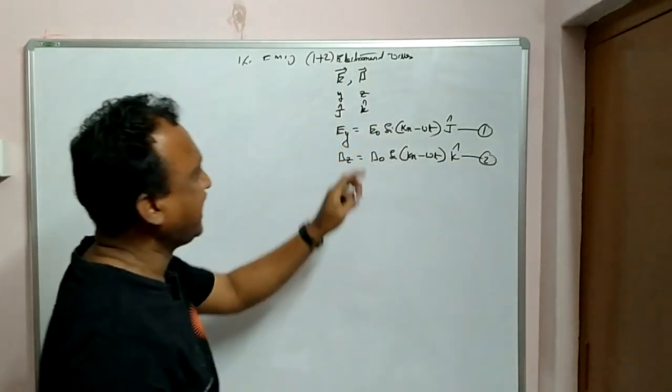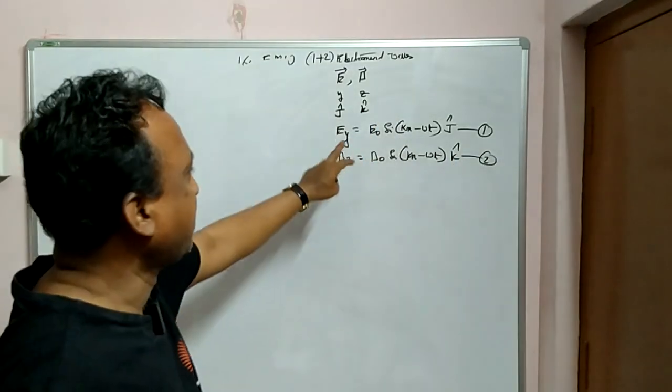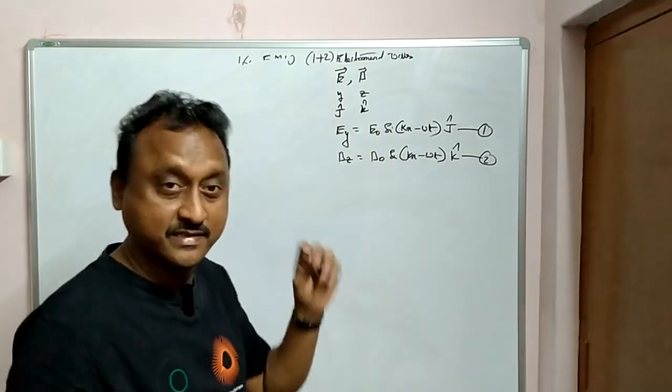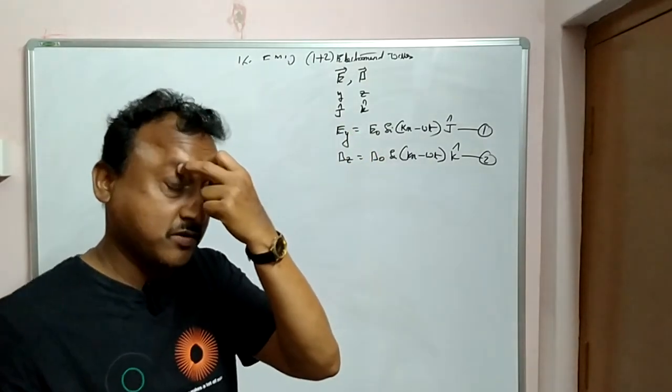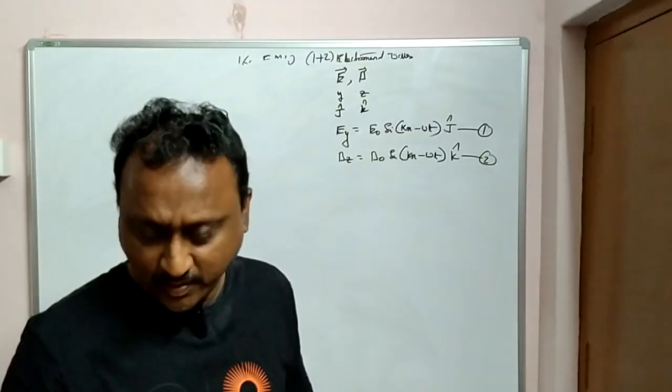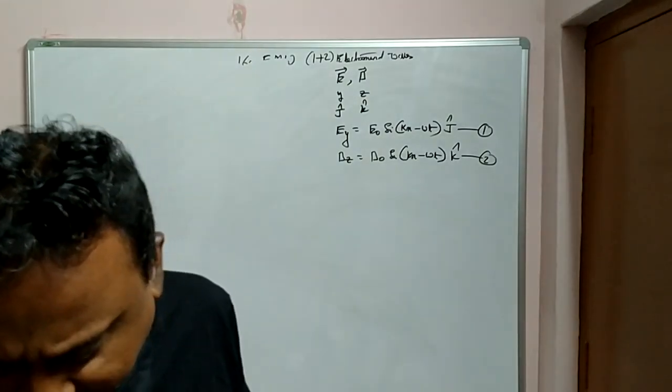These are the mathematical equations for the displacement of the electric and magnetic field vectors, which are generally used in numericals. Clear?